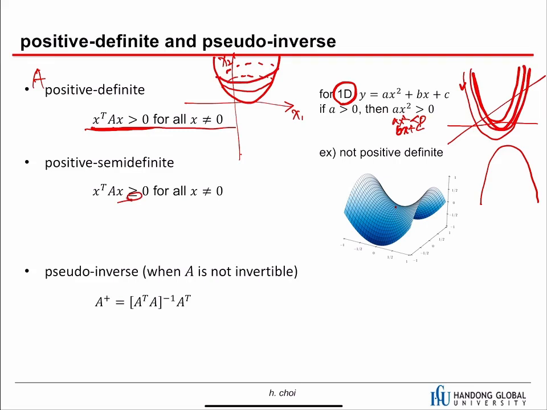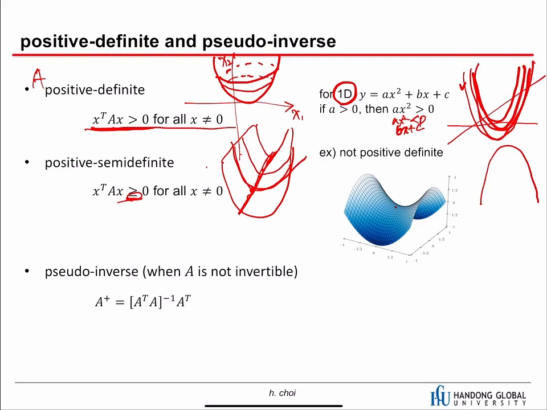And if we have equality here, then maybe in some directions we have this shape, but in some directions we have a line. So we have something like this. So at this point, in these directions, it is a straight line, but in this direction, we have this shape.